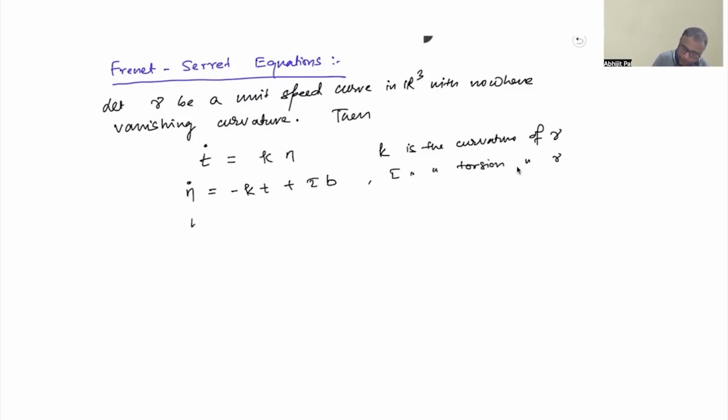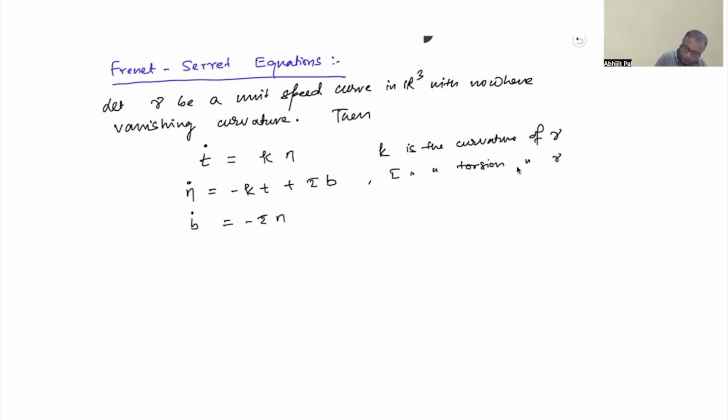And if I take the derivative of this binormal vector, this will be equal to minus tau times the normal vector. The first and third equations we have already seen, and it is also easy to show the second equation.